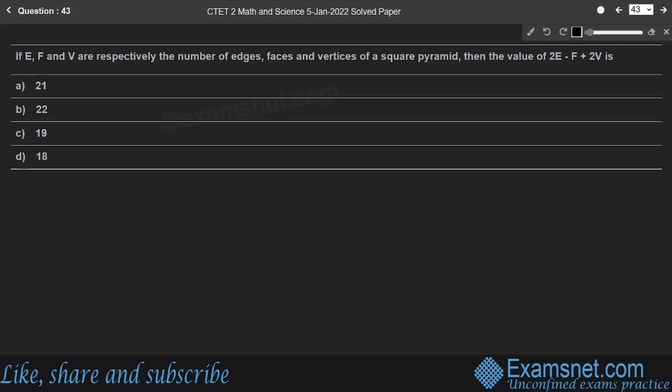Question number 43. If E, F and V are respectively the number of edges, faces and vertices of a square pyramid, then the value of 2E minus F plus 2V is. Let us draw a square pyramid whose base is in square shape like this.